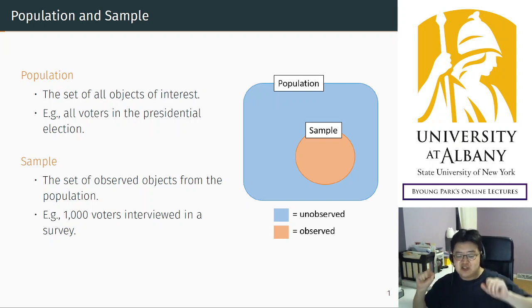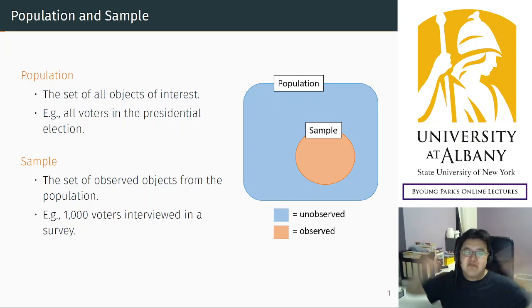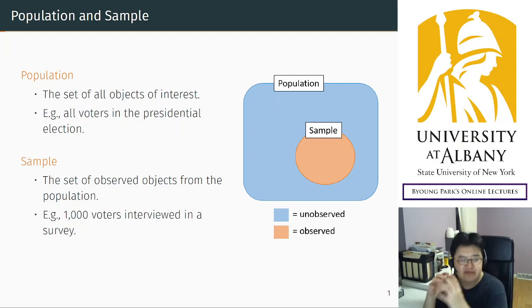That's just a way to understand them, and that's not wrong. If you prefer that interpretation, that is also fine. The basic idea is that the population is everything we would like to know. So if we know the population, then we know everything. But that is not possible. Instead, we observe a small part of the population, and that is the sample.